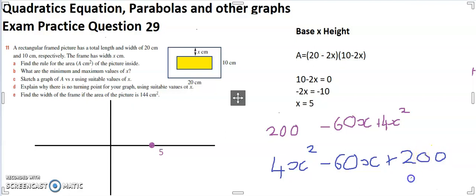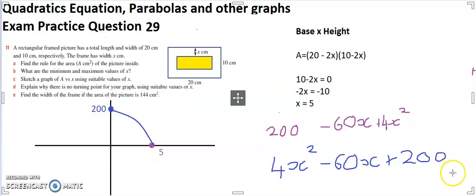We can see that C is 200, which means the amount that's crossing at the y-axis is 200. So here, now I have got my graph. It's starting up here at 200 and going all the way down to 0.